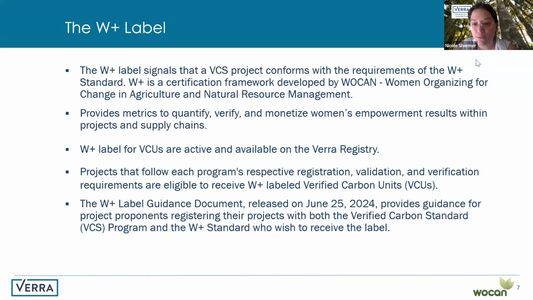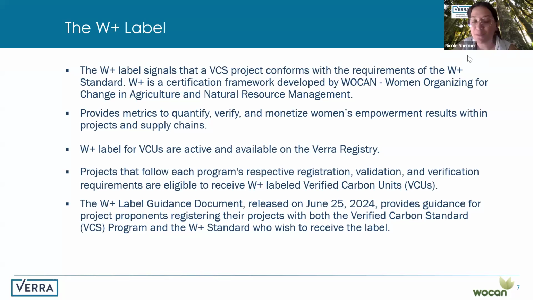So the W+ label for VCUs is active and available on the Verra registry for anyone, anytime who wants to follow this process. And if you follow each program's respective registration, validation, and verification requirements, your project is eligible to receive W+ labeled VCUs. And so the reason we're having this webinar today and talking to you all about this topic is because we recently released an updated guidance document for those wishing to obtain W+ labels for their VCS projects.